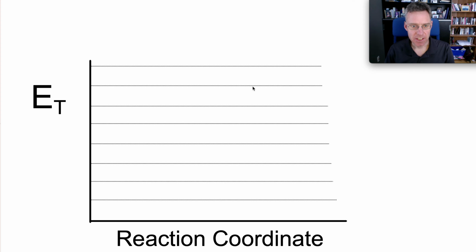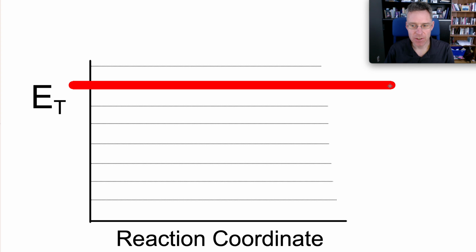Last little thing, this is a diagram you'd probably never be asked to draw, but I really want to emphasize the law of conservation of energy and what's really going on throughout our reactions. So if I plot total energy now, again, this is something you'll probably never do, that total energy would need to be fixed.